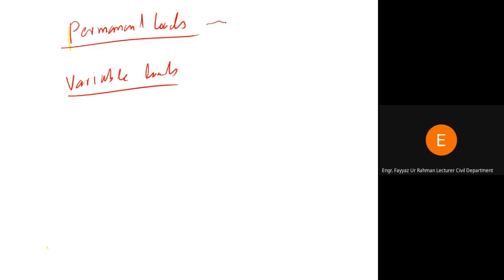Permanent loads may be the self-weight of the structural member, or they may be superimposed loads. For example, permanent attachments, tiles on the floors, etc., or the walls on the floors. They are called superimposed load or self-weight. These two are called dead loads.